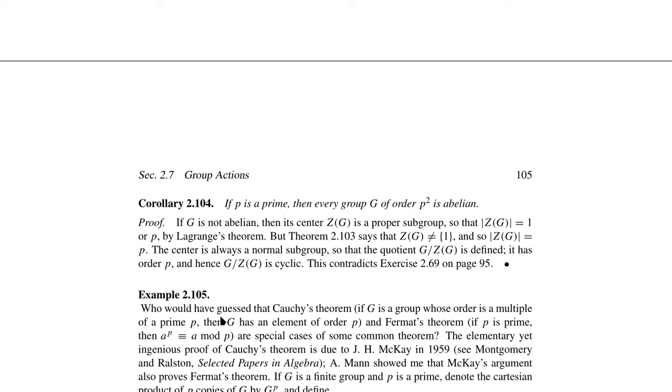But we know that the center is not trivial, so the center must contain p elements. The center is always a normal subgroup, so the quotient G mod the center is also defined, right? And it has order p. So that means the quotient group is going to be cyclic.